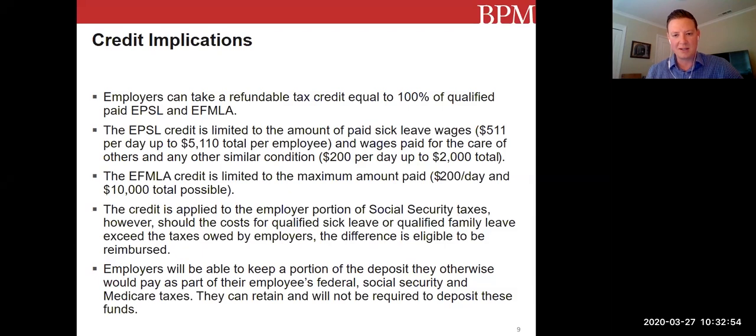Now, that being said, in our experience, that's a very lengthy process. Say starting in Q1 or starting April 1st, you have some people who are receiving paid sick leave, and you quantify how much credit you're due. If you're unable to stop the remittance of payroll tax, then you seek to reconcile that on your payroll tax return, which in Q2 is actually due in July. So that's where you would report it in July.